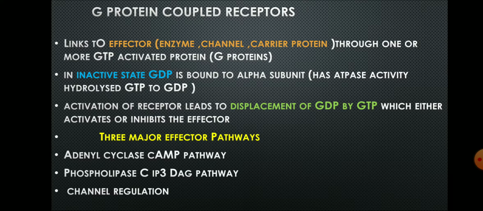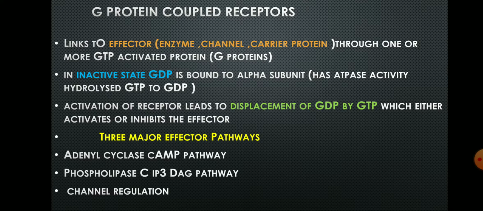Okay, so in inactive state, GDP is bound to alpha subunit. Basically G protein has different subunits: alpha, beta and gamma. So what happens in inactive state, when no drug molecule or substrate is attached to the receptor? In inactive state GDP is bound to the alpha subunit.